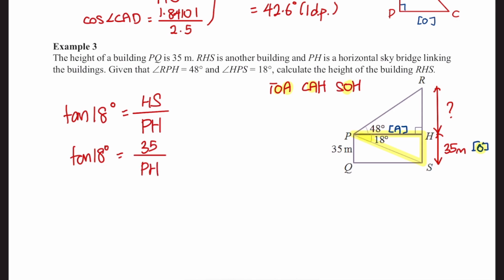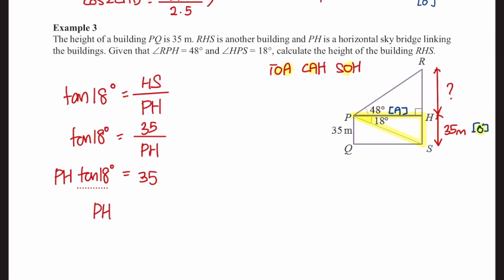Okay, so therefore, how do I find the length of PH? Over here, we can simplify this step by step. To get rid of the fraction, I multiply PH on both sides. So PH times tangent 18 degree is equal to 35. Therefore PH is equal to 35 divided by tangent 18.